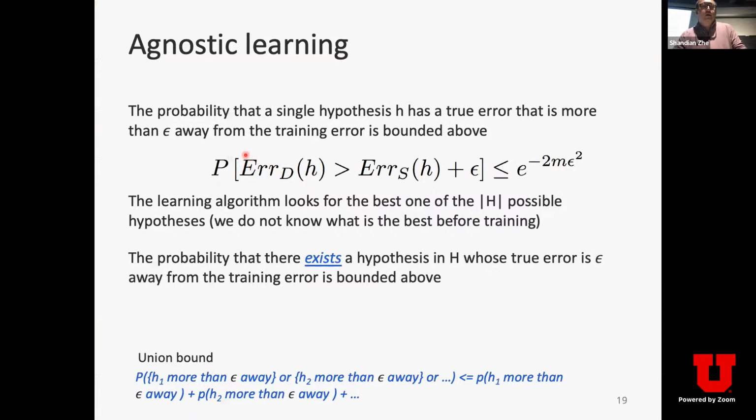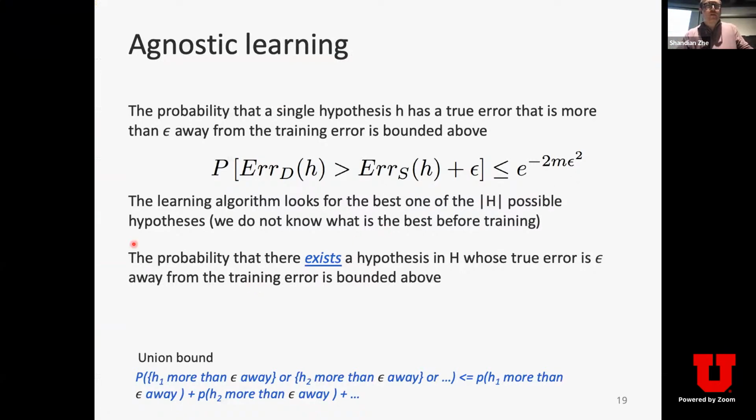So we can directly apply Hoeffding's inequality to show that the probability that a single, particular hypothesis H, whose true error is more than epsilon away from the training error, is bounded by this exponential factor. The exponential factor is determined by the number of samples and also the distance epsilon. So you can see that if we increase the number of training samples or increase the distance, this probability bound decreases very, very fast, exponentially.